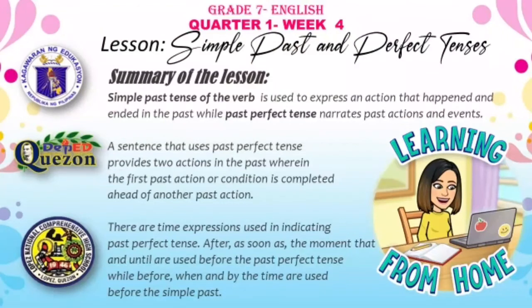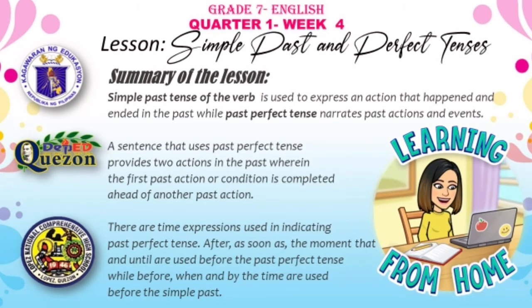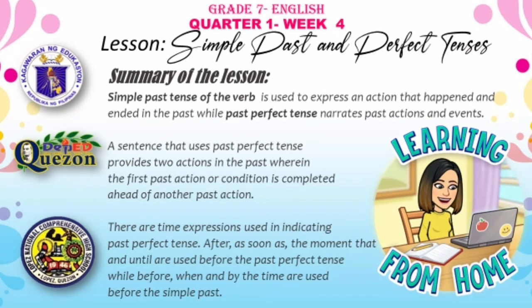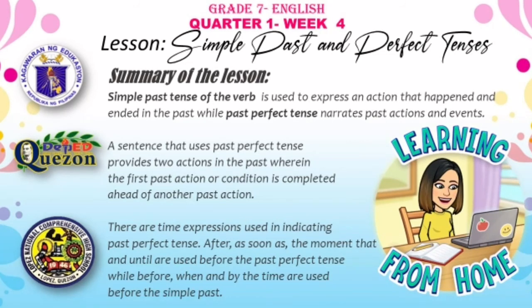Now, let's have the summary of the lesson. Simple past tense of the verb is used to express an action that happened and ended in the past, while past perfect tense narrates past actions and events. A sentence that uses past perfect tense provides two actions in the past, wherein the past action or condition is completed ahead of another past action.